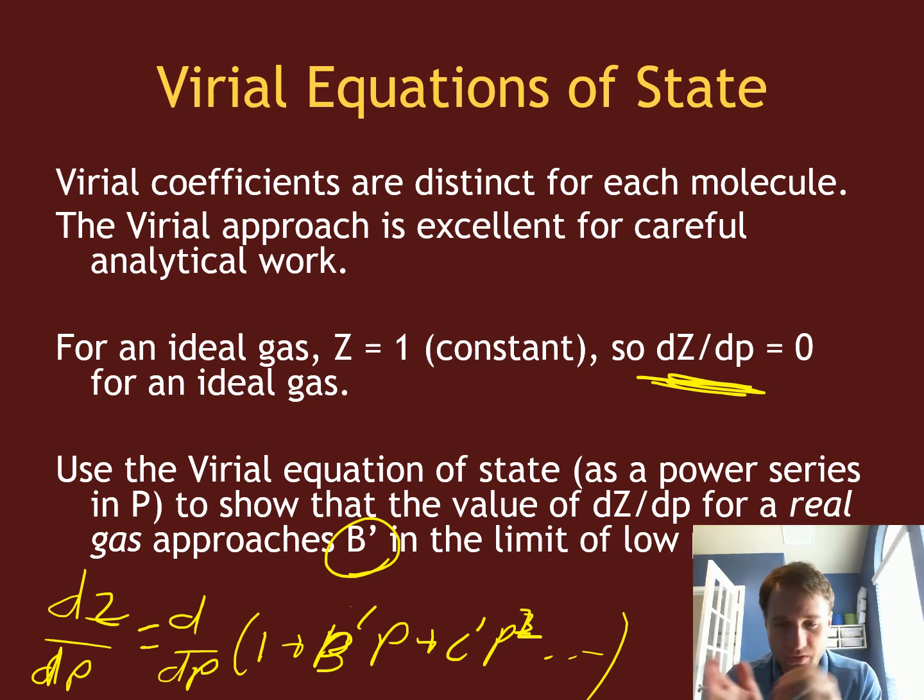And then the rest of the terms depend on P, so when P approaches 0, those all go away, and so you're just left with B prime. So this is one way you can measure these virial coefficients for a real gas.